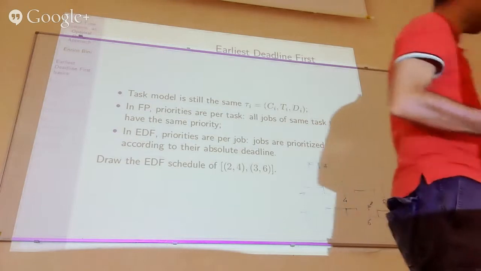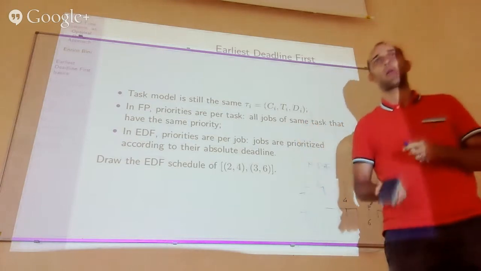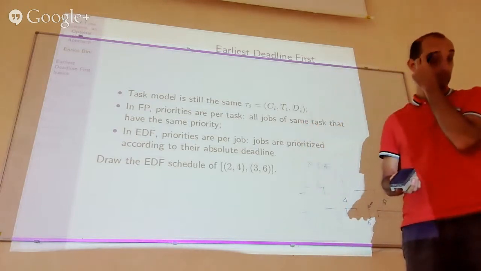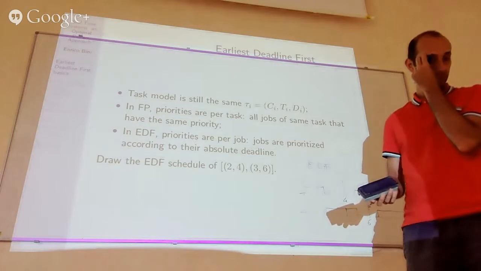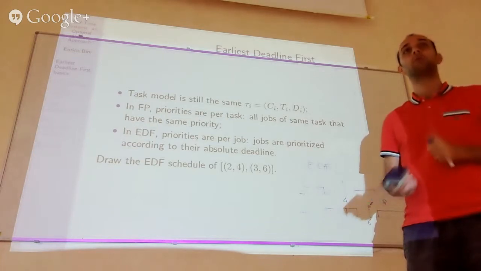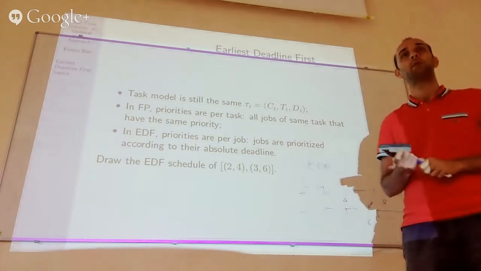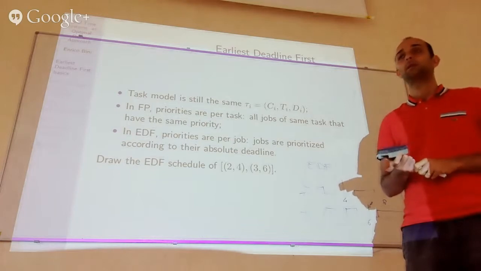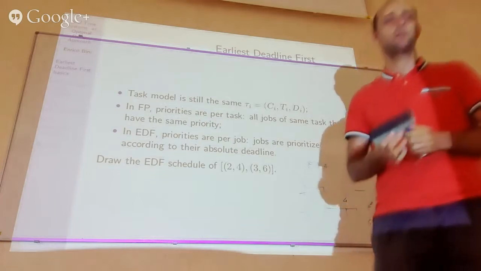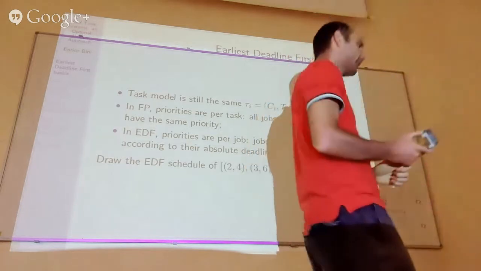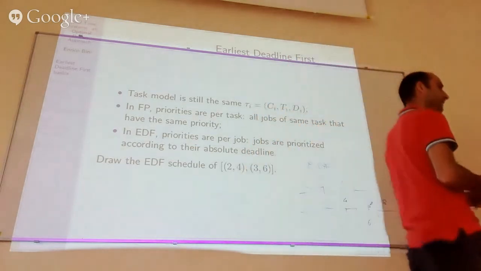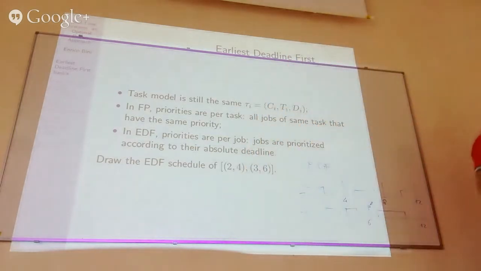Sorry, Enrico. Under EDF, with jobs that have the same deadline, ties can be broken arbitrarily. The point is that when deadlines coincide with EDF on a single processor, ties can be broken arbitrarily.